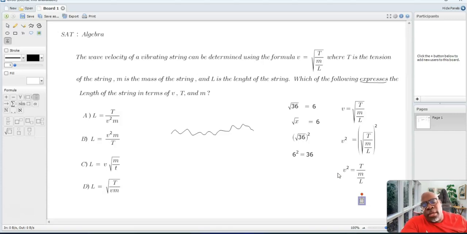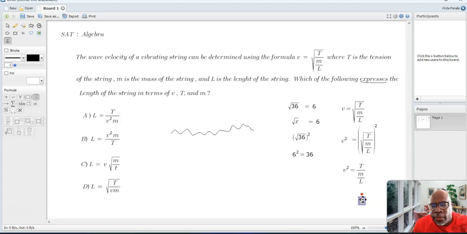So in order to make L by itself, how are we going to do this? Well, to remove this, we have to multiply both sides by ml. All right, now watch this. Let's multiply both sides by ml. Good, let's do that.